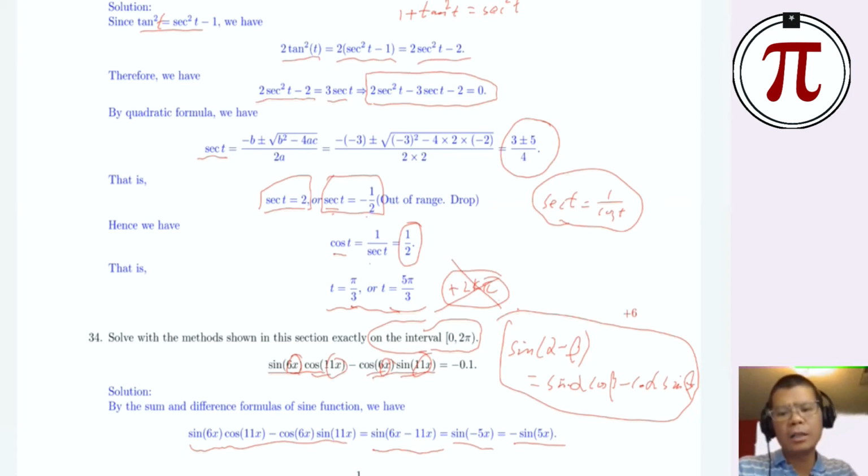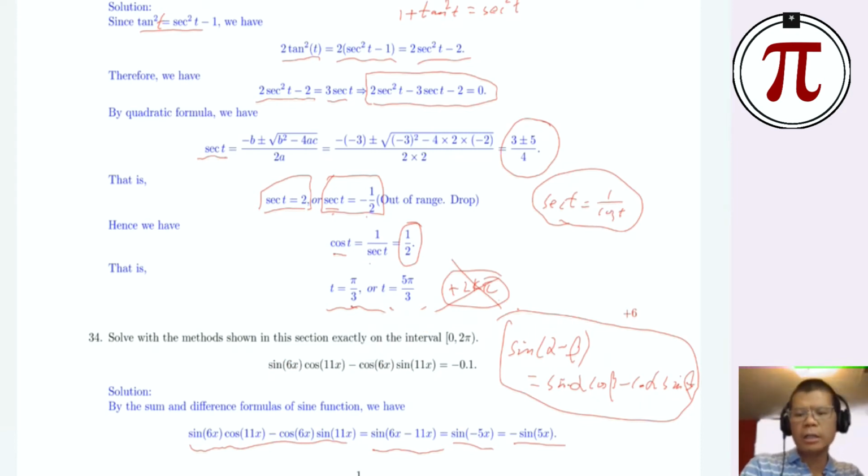The interval 0 to 2 pi means: for all those x values on the interval 0 to 2 pi such that this equation holds. Does that make sense? So to solve the equation on the interval means you want to find all the values of x here, like in this one.